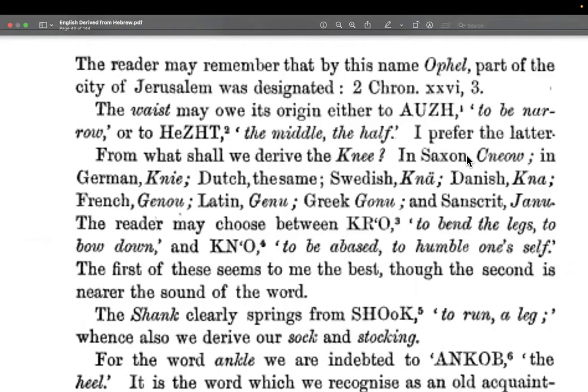The reader may choose between karo, to bend the legs, to bow down, and kno, to be abased, to humble oneself. Okay, the K to the G there would have been the other way that happens. The first of these seems to be the best, or to me the best, though the second is nearer the sound of the word.